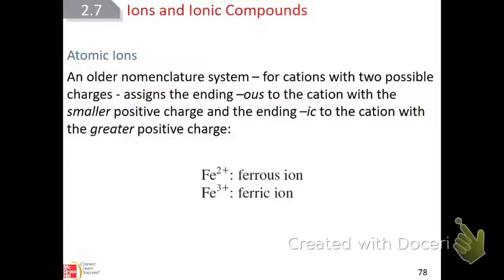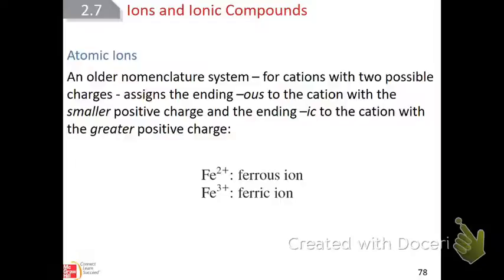But in the classic naming system, when they used the Latin names, instead of using the Roman numerals to represent their charges, they used the -ous for the lesser charge and the -ic for the higher charge. And that presented a problem with elements like manganese. What are you going to do when you have 3 of them, like manganese does?